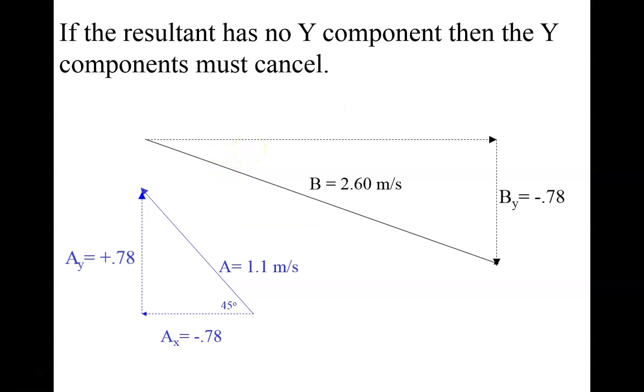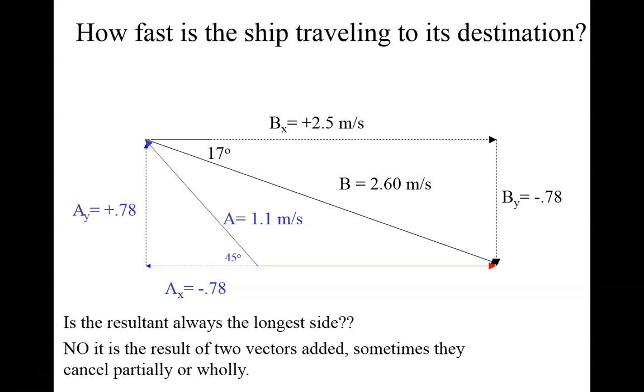And how fast would the boat be moving overall? What would its resultant vector be? Well, I know that this component right here, using trig, just using the right triangle, is 2.5 meters per second. And what's left over of it is the 2.5 minus the 0.78.